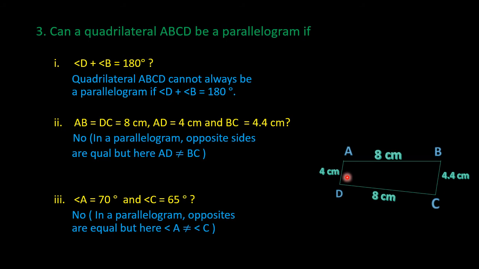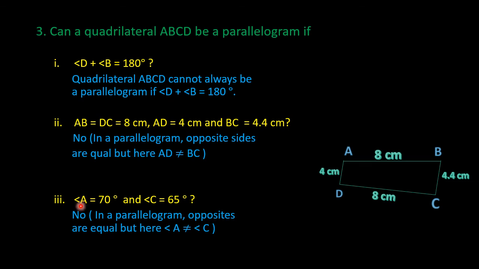So we can say that it is not a parallelogram because the condition given in a parallelogram is that opposite sides are always equal, and when they are not equal, the opposite sides do not become parallel also, right children?